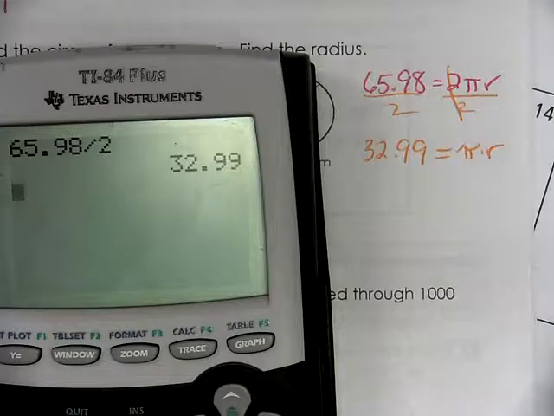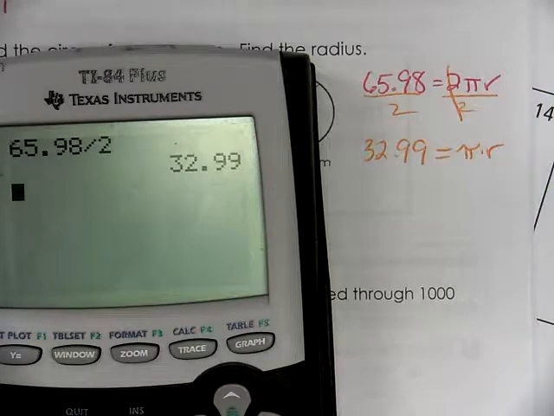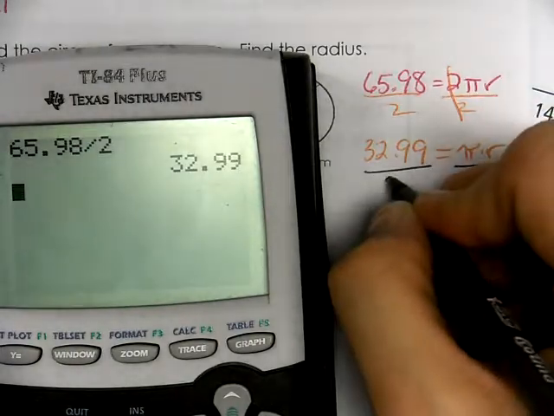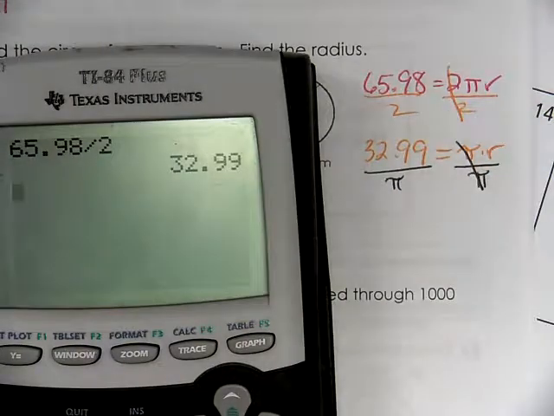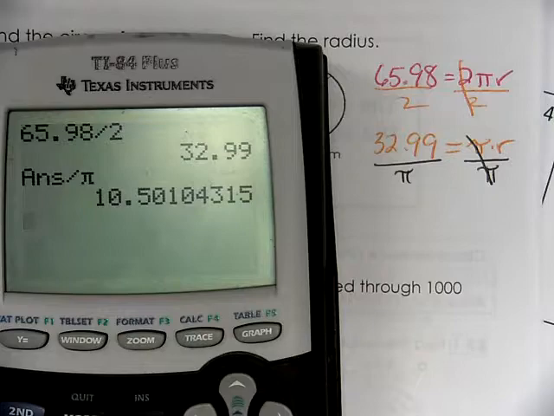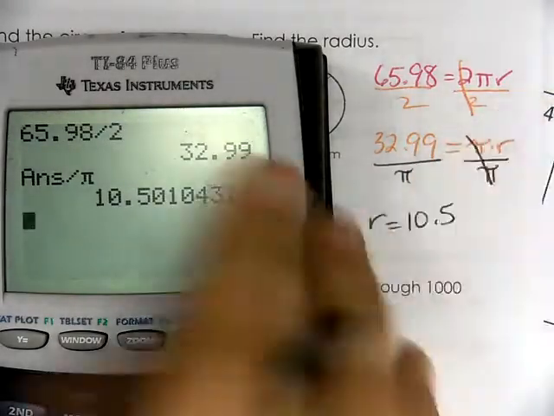Now what? If these two are being multiplied, what can I do? Yeah, I can divide by pi. Divided by pi. Radius is about 10.5 something.